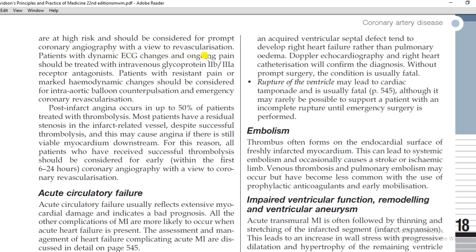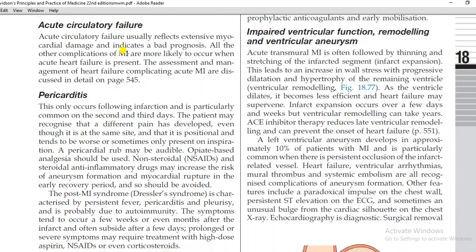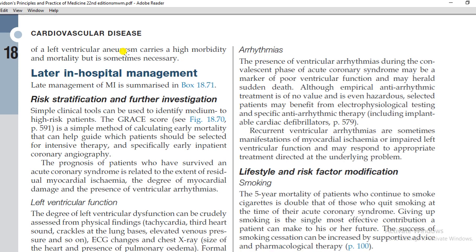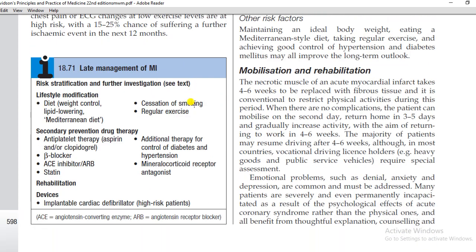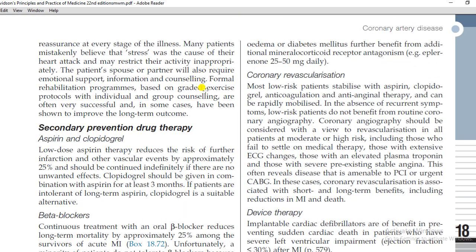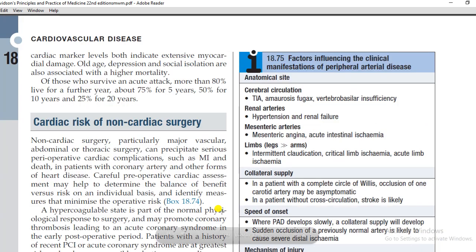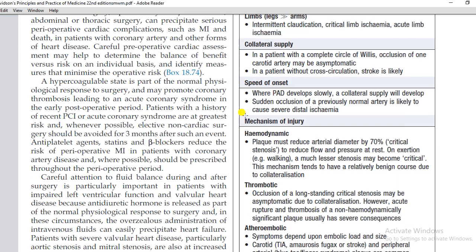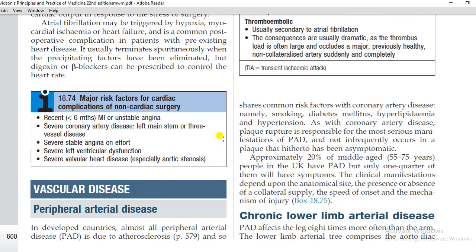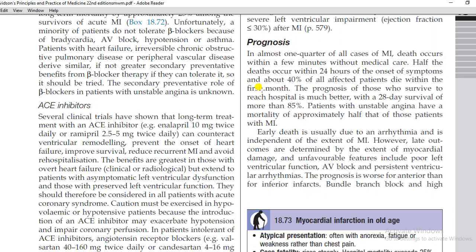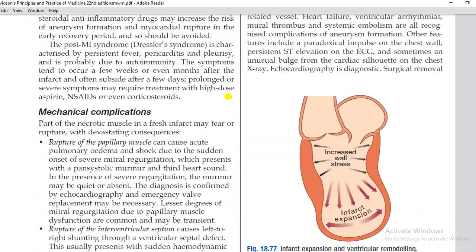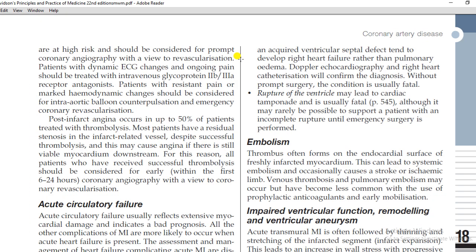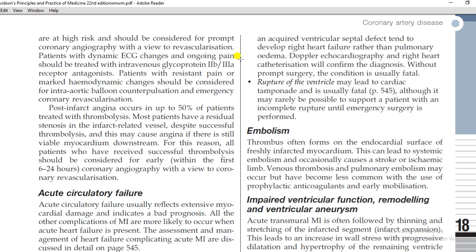Patients with dynamic ECG changes and ongoing pain should be treated.